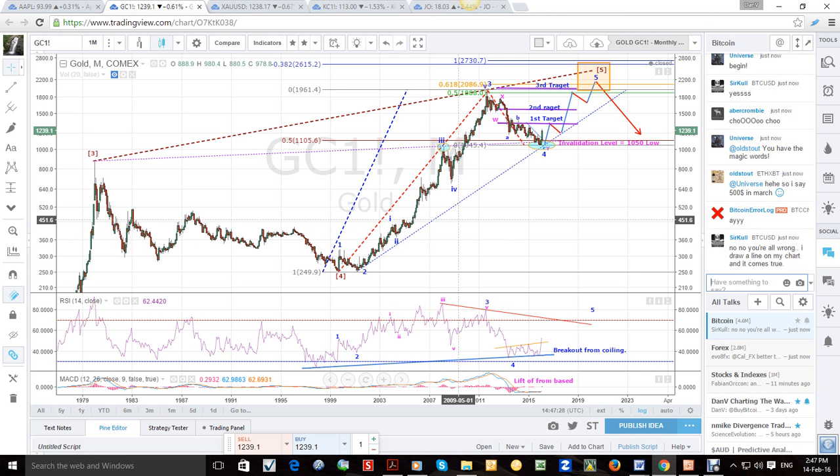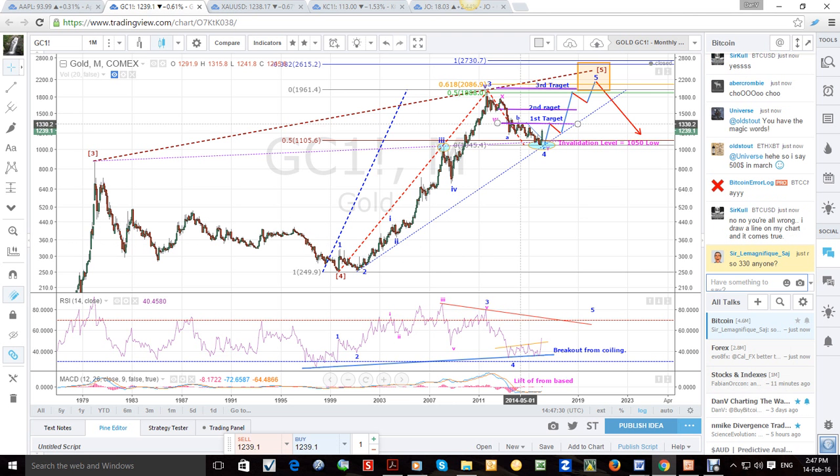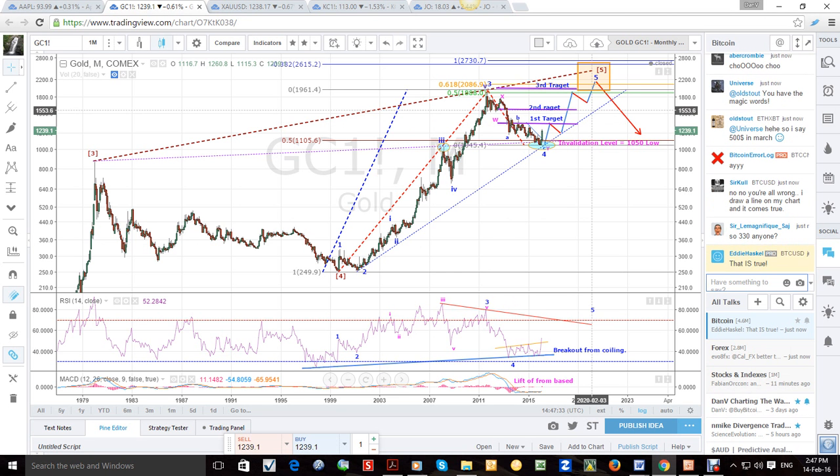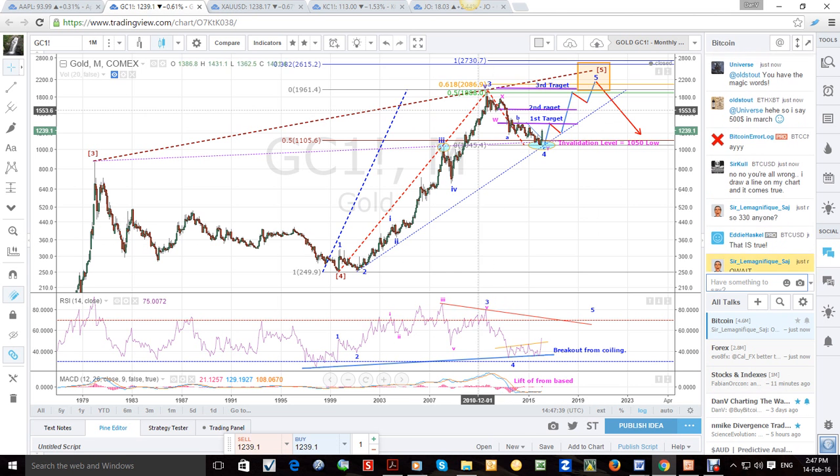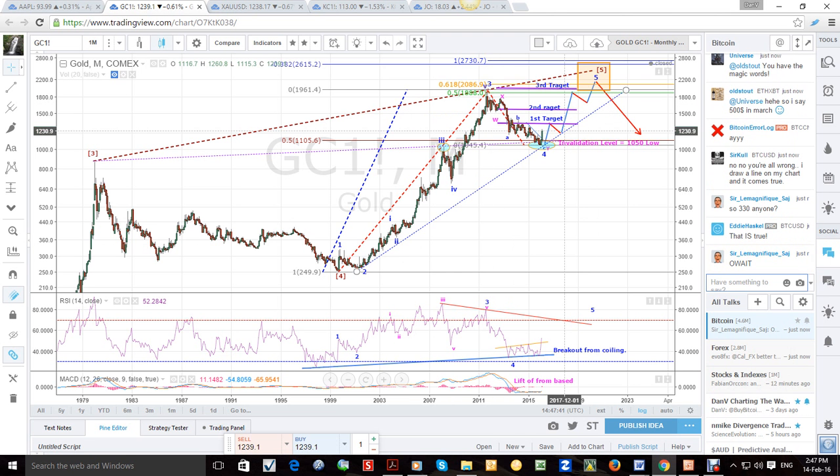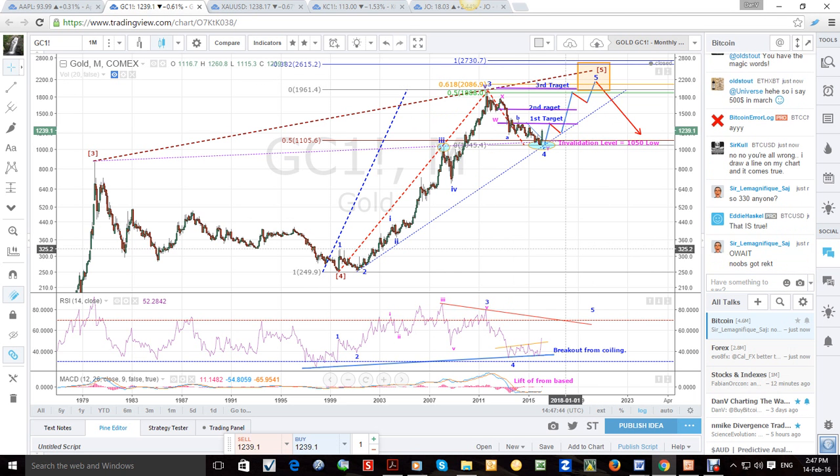we can expect a 5-wave move to the upside, and possible targets, the first target of 1350 somewhere, or 1400, maybe somewhere about 1580 to 1600, because that's where the previous support was, maybe the third one, and ultimately the 5-wave cycle up.